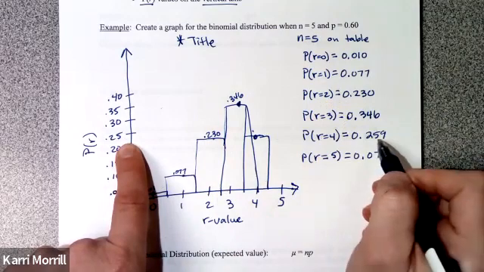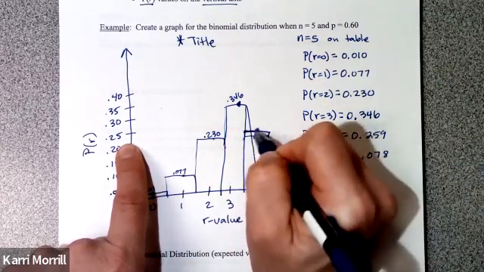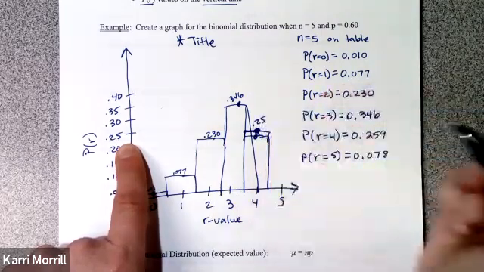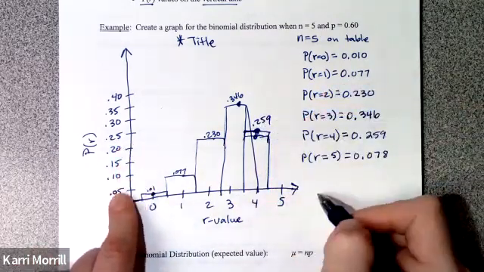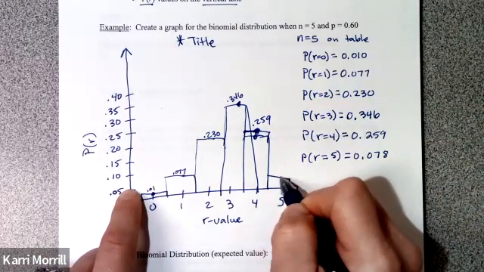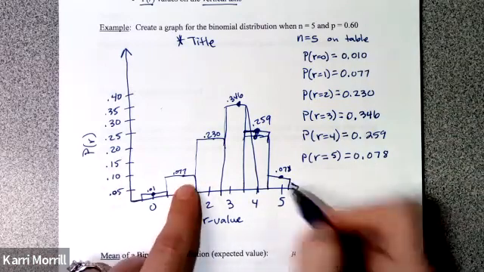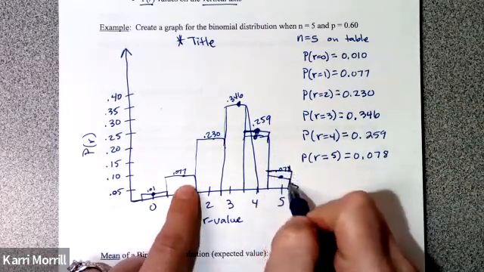Oh, 0.259, so actually it needs to be a little bit higher. And 5 is 0.078, so a little bit above 0.05. Something like that. Probably should look higher than this one, which I didn't do.